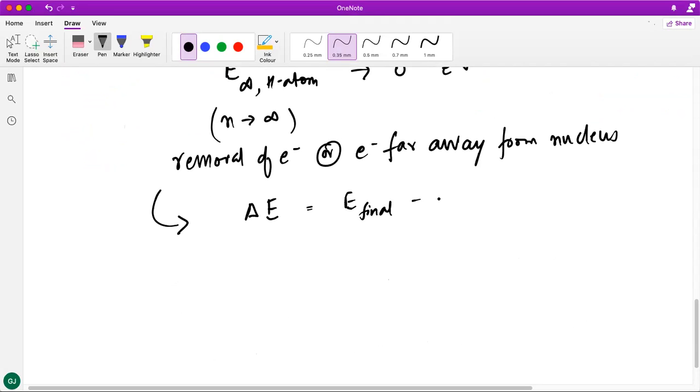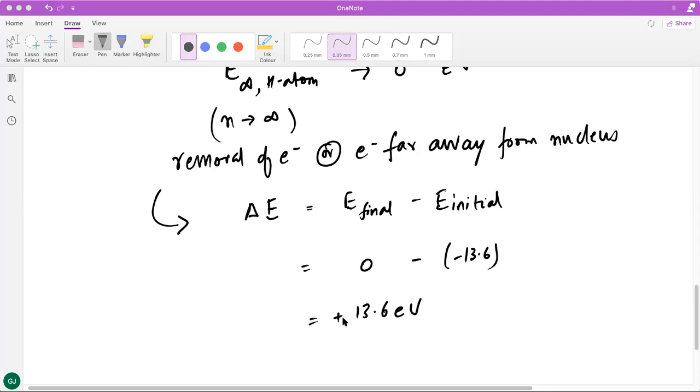I hope that has now set into your brains: always follow this convention, change is always final minus initial. What is final? 0, because it is far, far away from the nucleus, and initial was minus 13.6. So you get the change in energy as plus 13.6 eV.